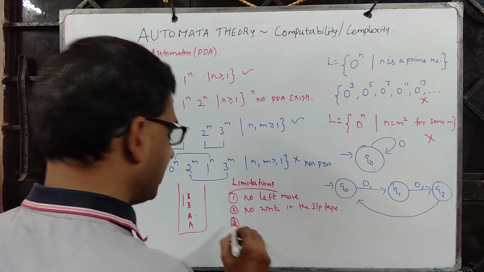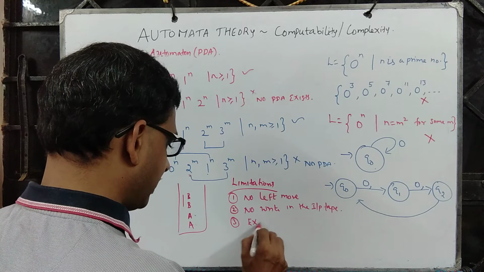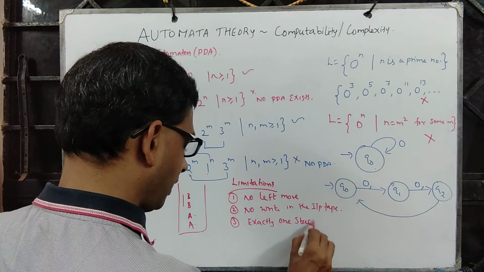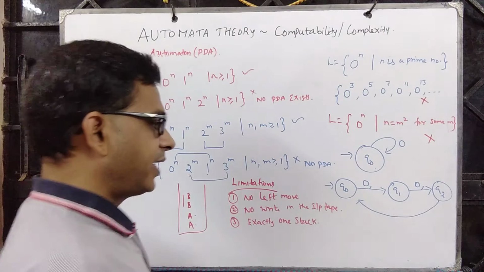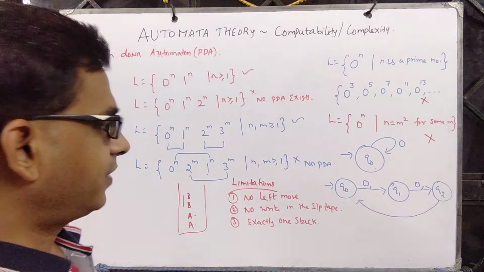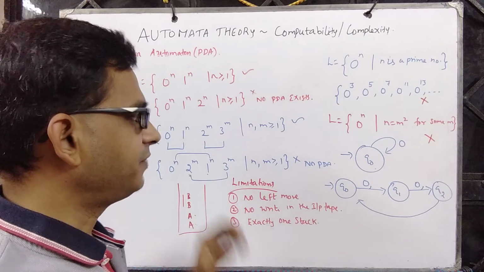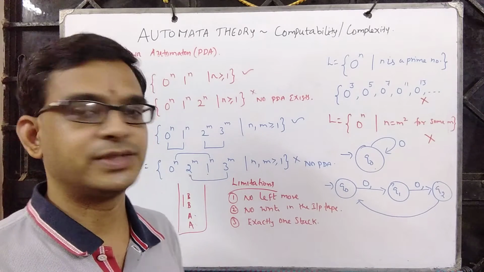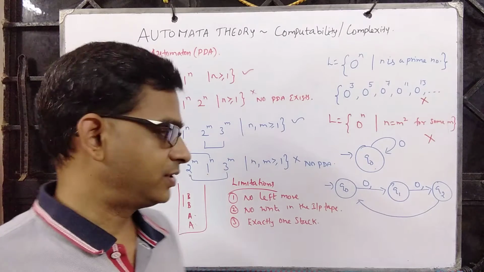Maybe we can increase the computing power if more than one stack is available. What is available is exactly one stack. Now let's try bringing some variation to this machine and see whether some of these limitations can be addressed to some extent. Fine. Let's look at that.